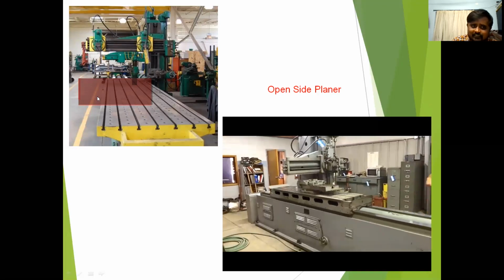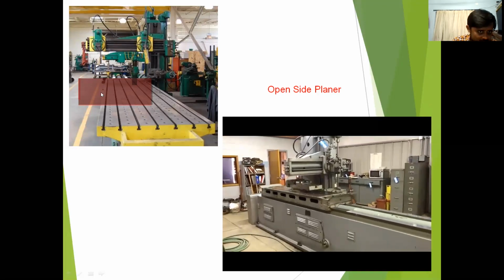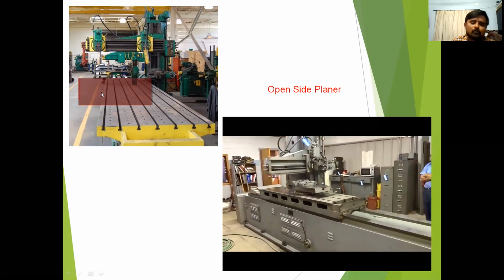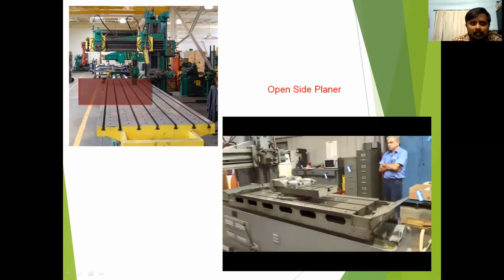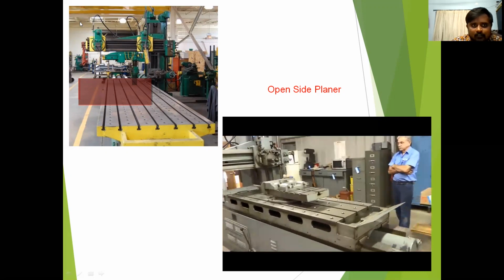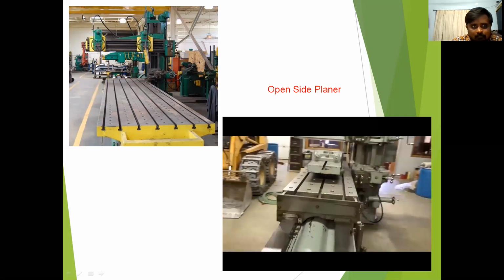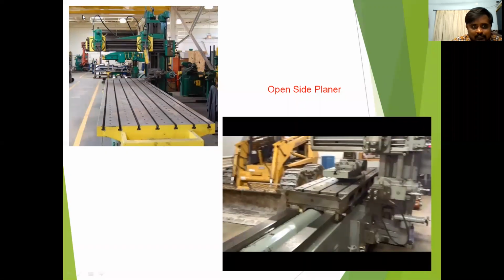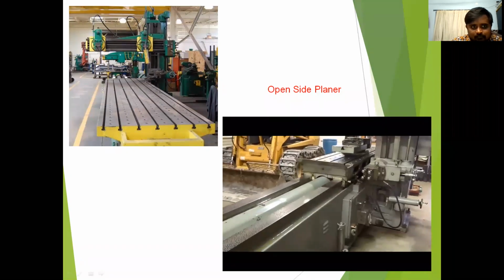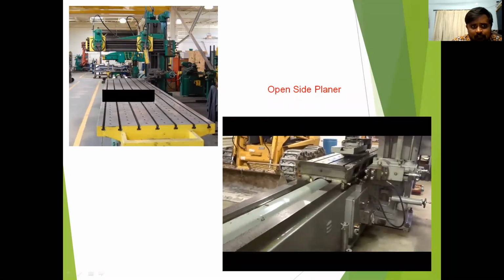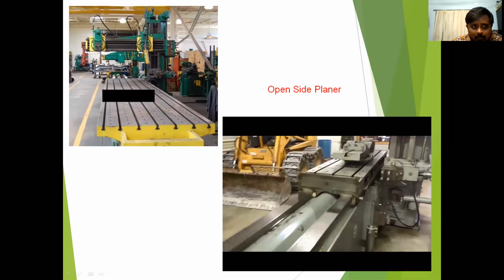If the workpiece has any extension part, it is not possible to hold it. Let's say for example, if I draw one workpiece here, and it has an extension part like this.